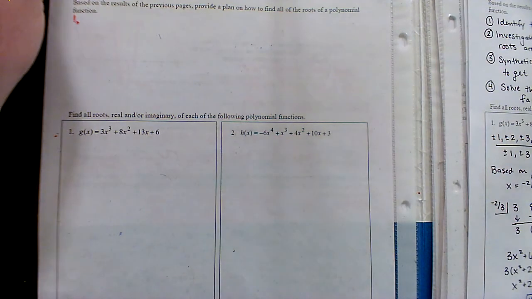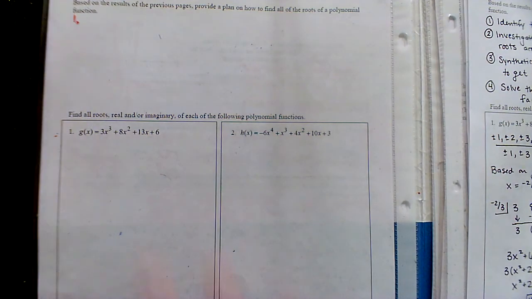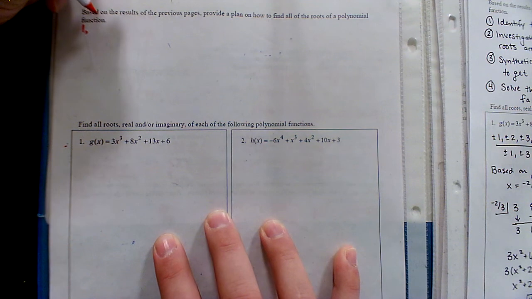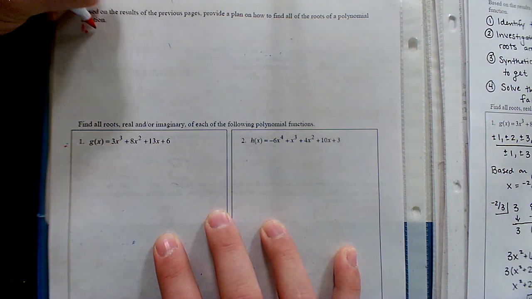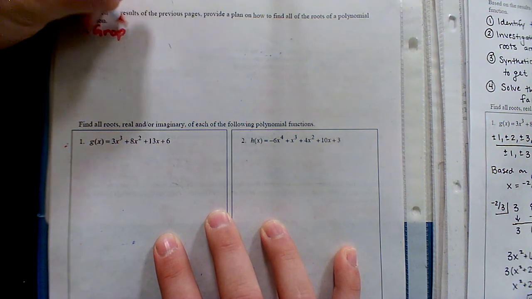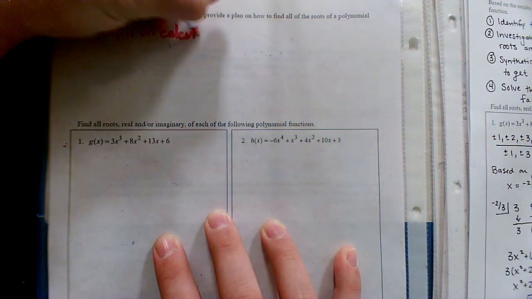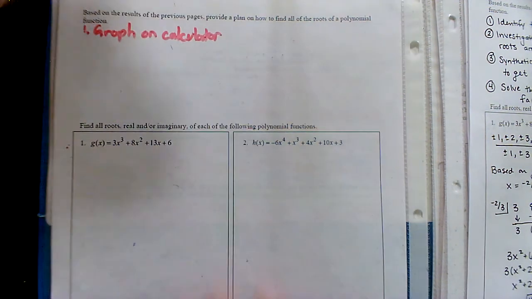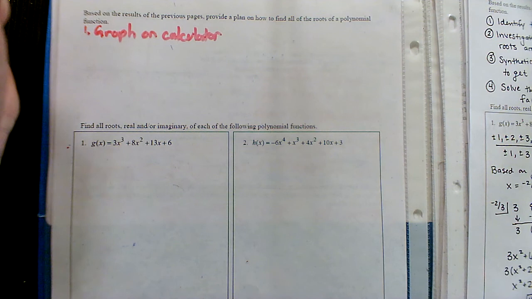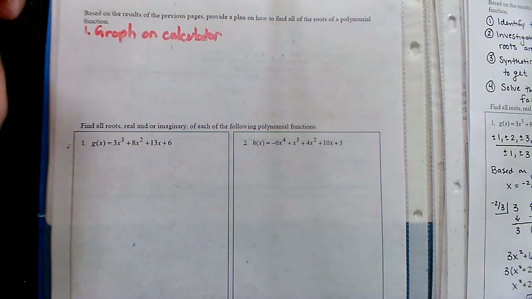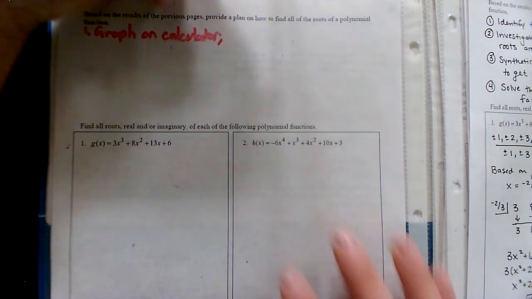Okay. Graph it on the calculator. Okay, we could graph it on the calculator. We can make that one the first one. Let's include with this one, what do we normally do when we graph it on the calculator?